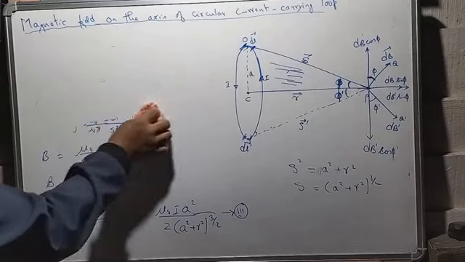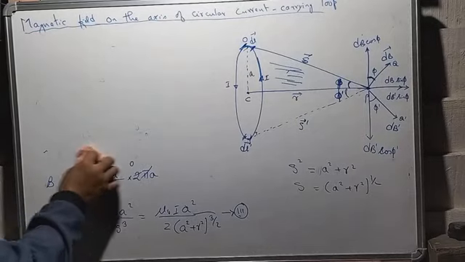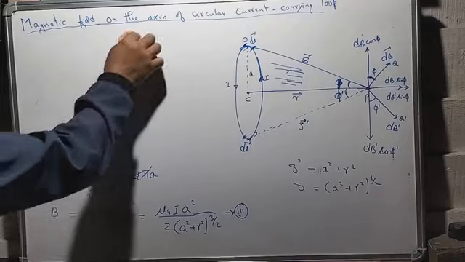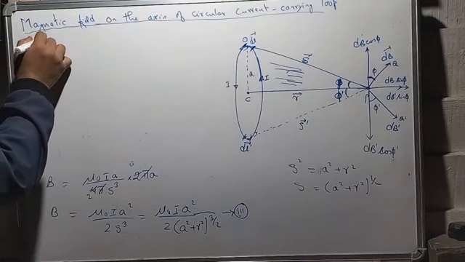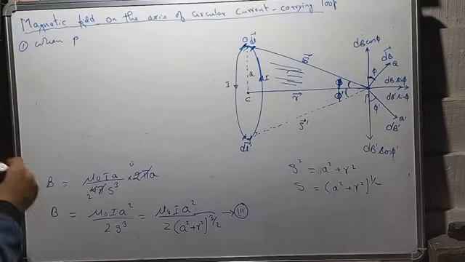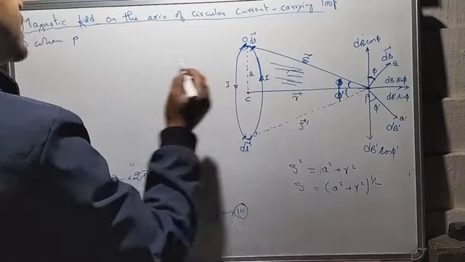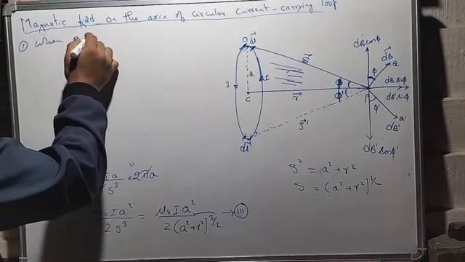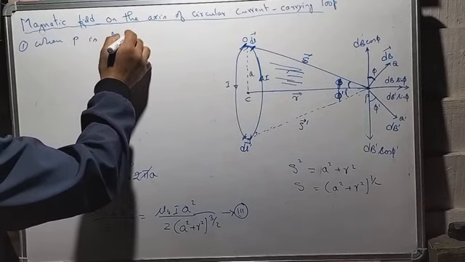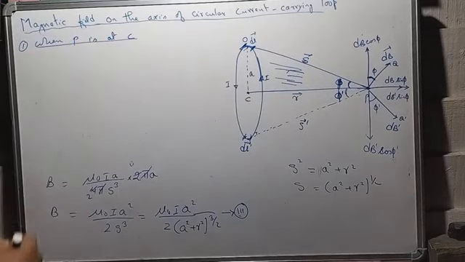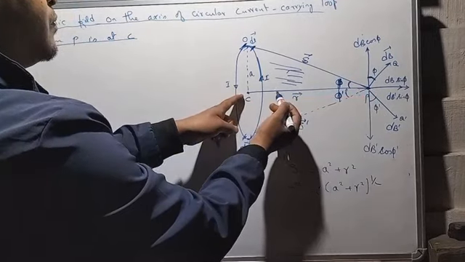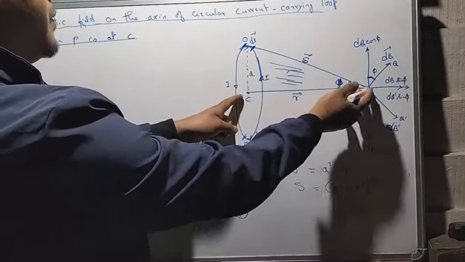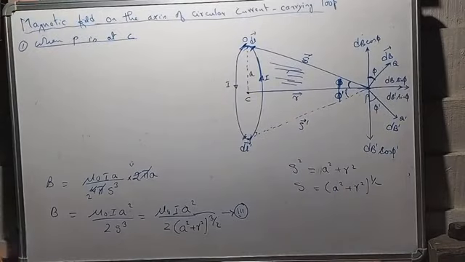Let us see those special cases here. The first case is when point P is at the center of the loop. When P is at the center of the loop, that is at C, if this point P comes here, it means r will be 0.